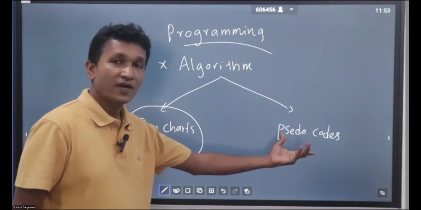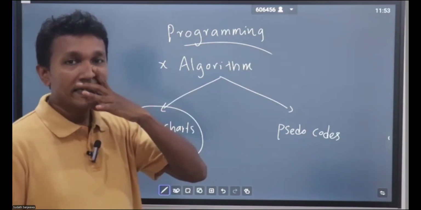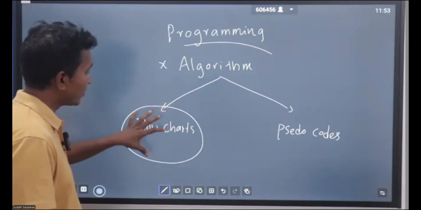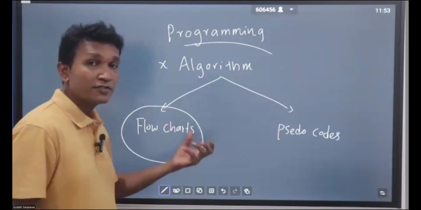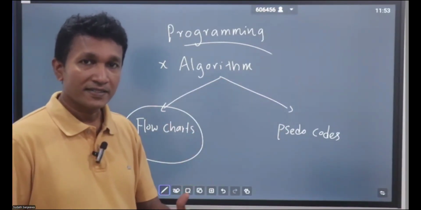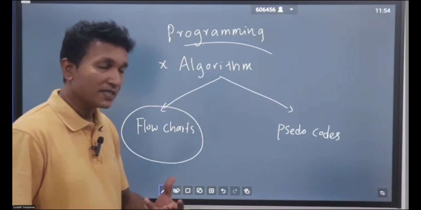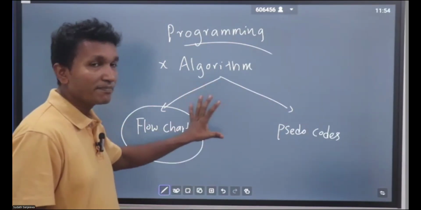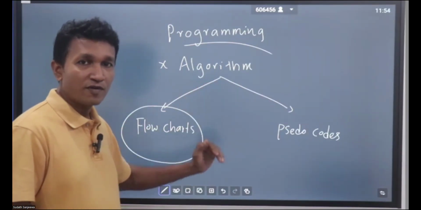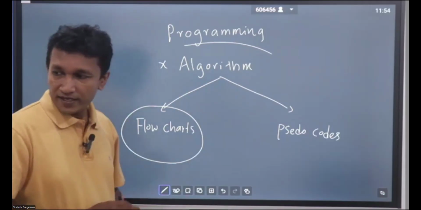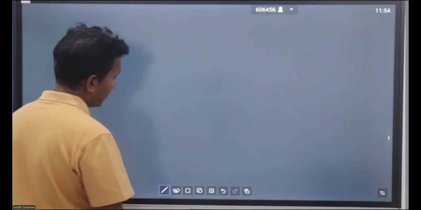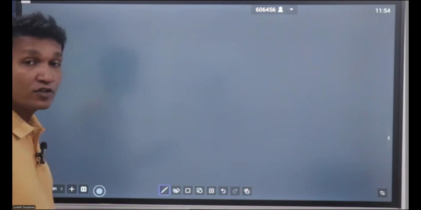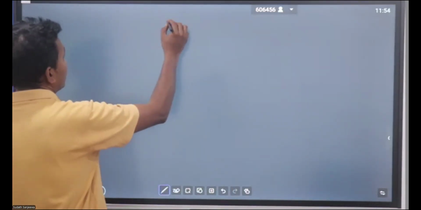You will learn this one in grade 11, right? So remember, there are flowcharts and pseudocodes. Flowcharts use symbols to represent an algorithm. Through symbols, it shows how to solve a problem, right? Today, we are moving forward with flowcharts.